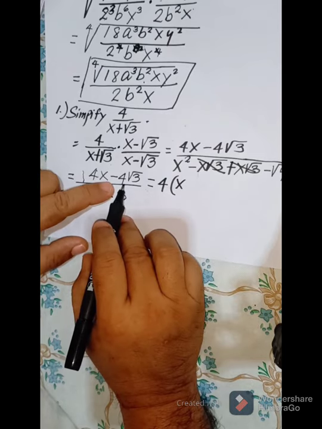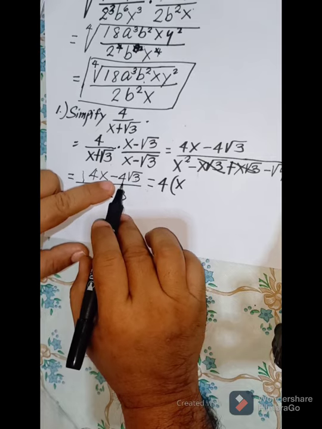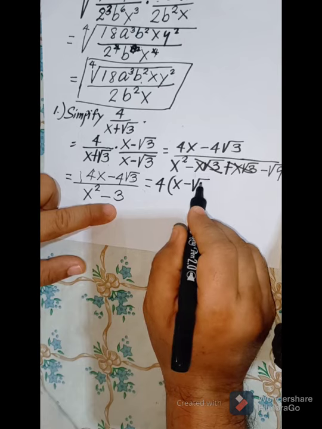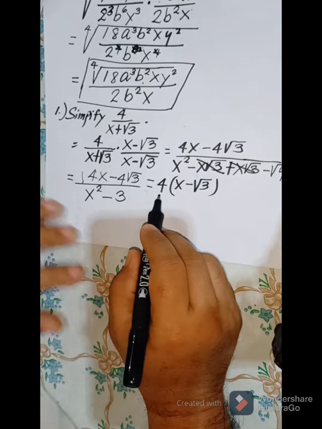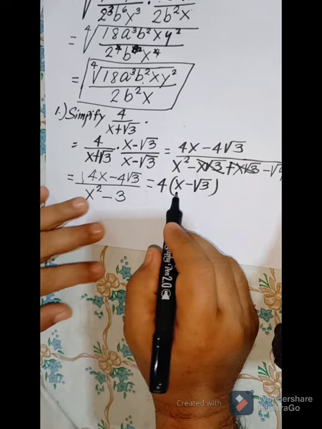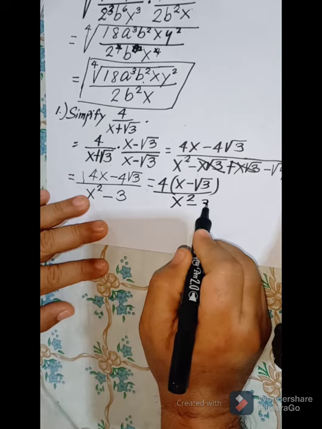Negative 4 square root of 3 divided by 4 is negative square root of 3. So we have 4 times x minus square root of 3 over x squared minus 3.